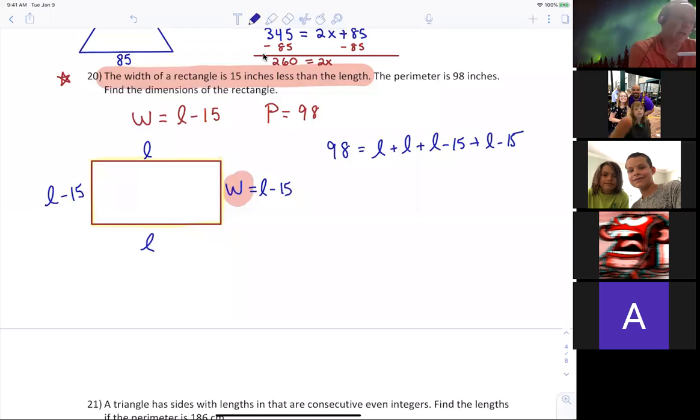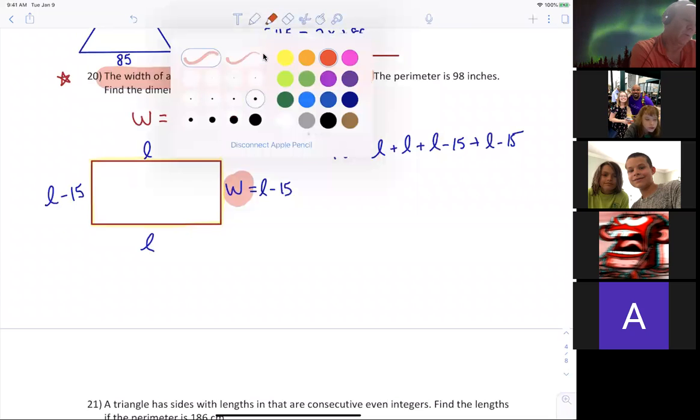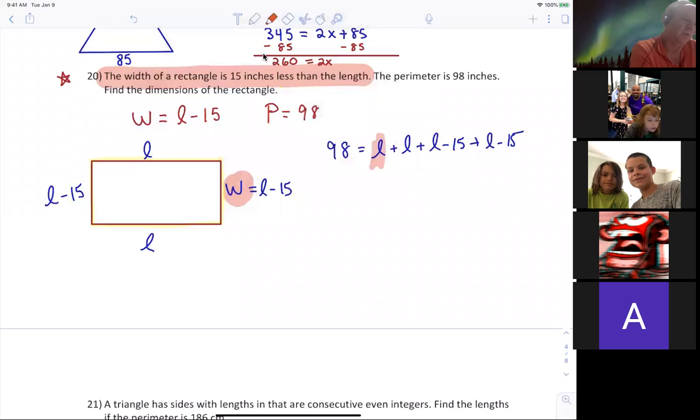All right, now how many L's do we have, guys? 1 L, 2, 3. You're right, 4 L. So I have 4 L. Now I need to add the numbers together.